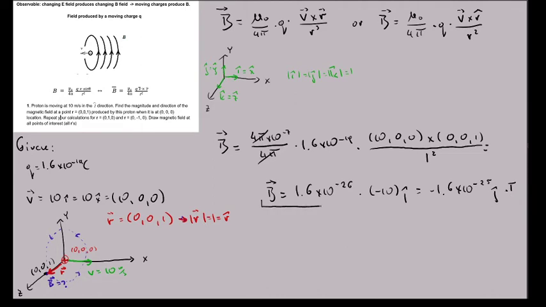All right, so this would be the solution. Now the magnitude of the magnetic field here would just be 1.6 times 10 to the minus 25th Teslas.